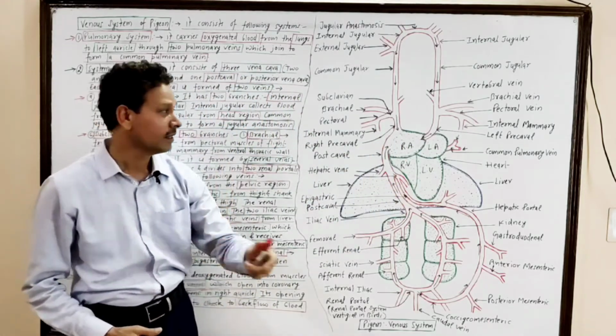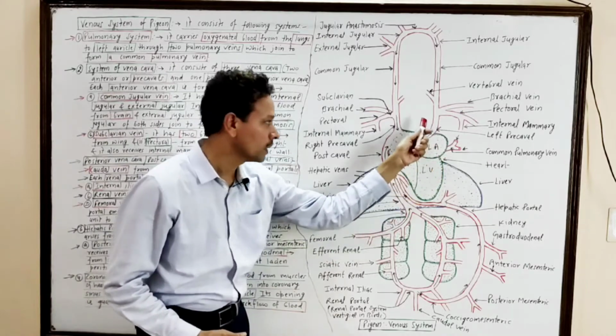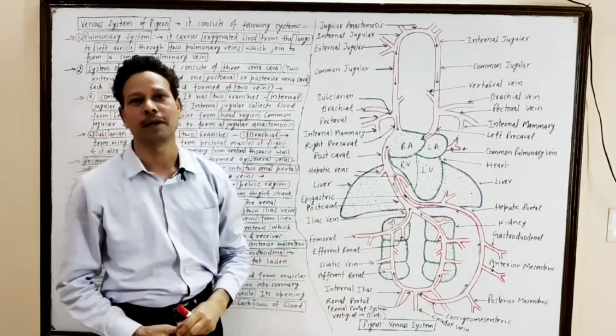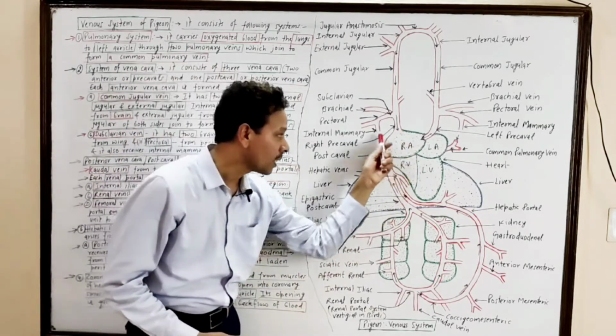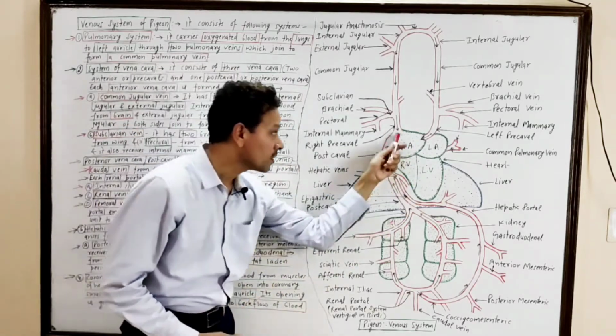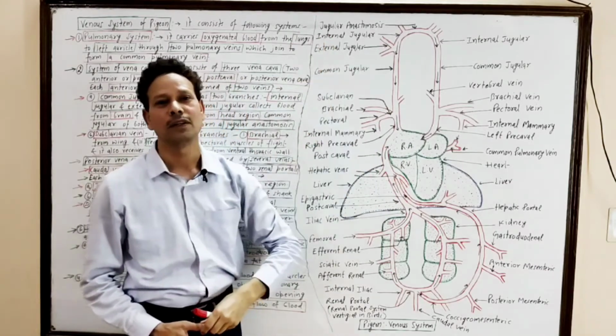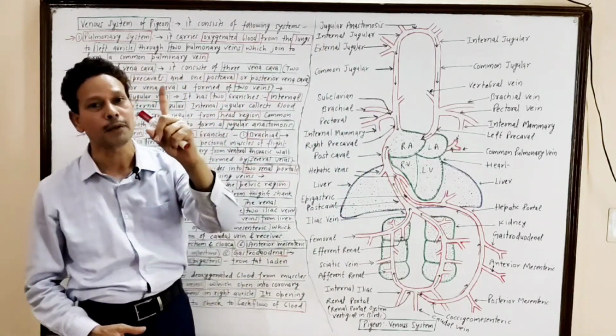It means the left side of the heart receives oxygenated blood, while the right side of the heart, the right auricle, receives deoxygenated blood from all over the body except lungs.